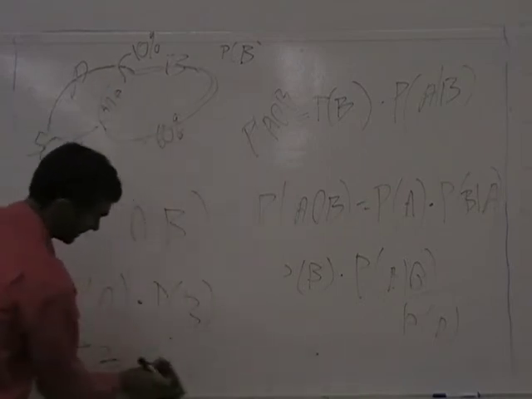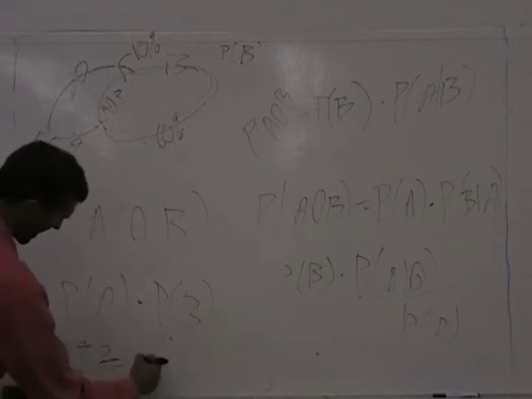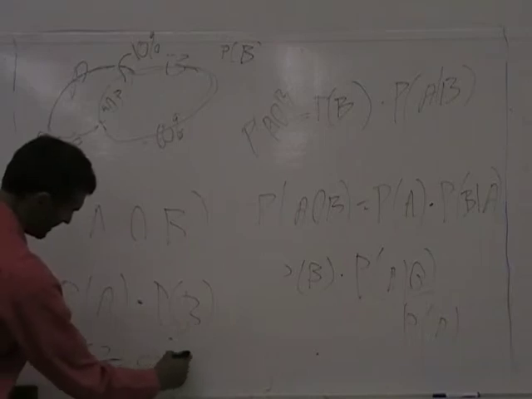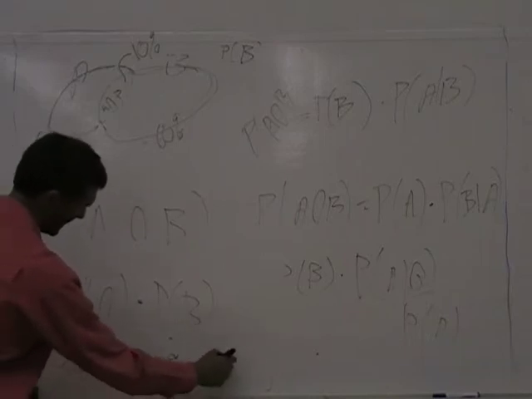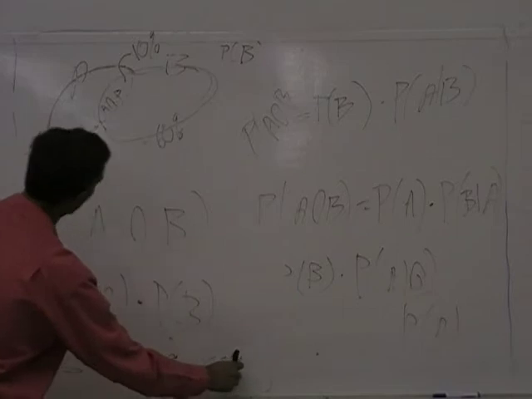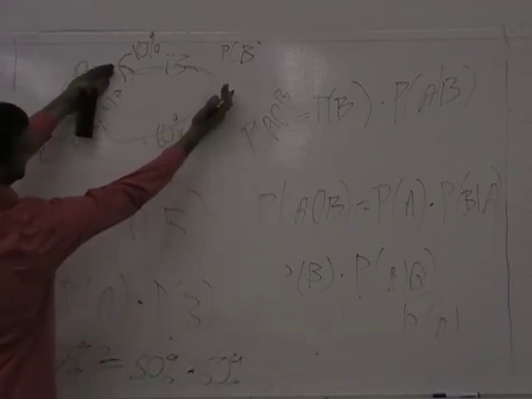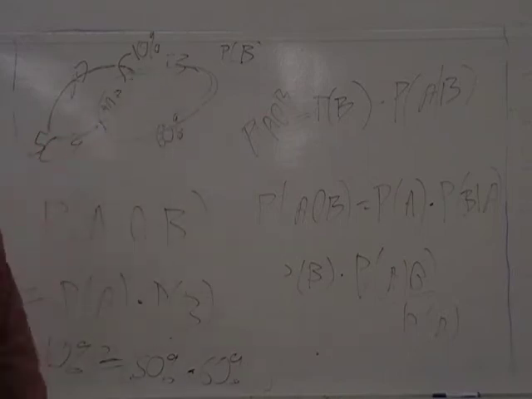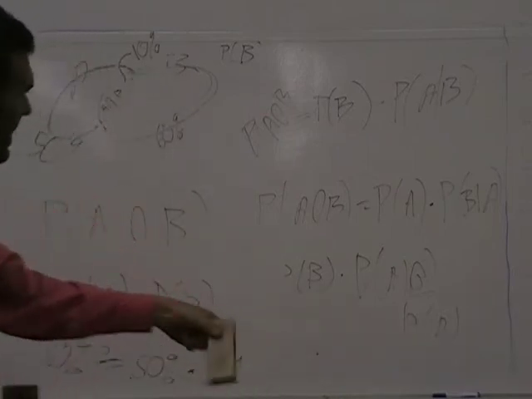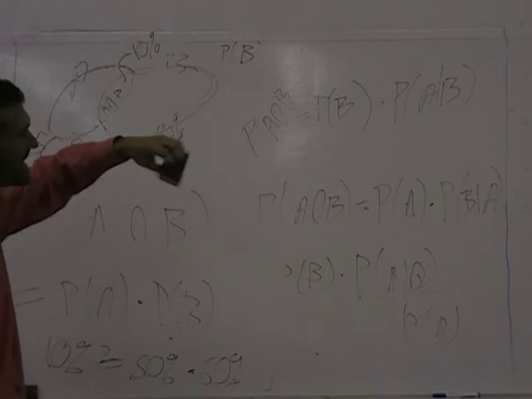Obviously not. We have 50% probability of A and 60% for B, so 30% is not equal to 10%, and we conclude A and B are not statistically independent in probability. They're not independent events.